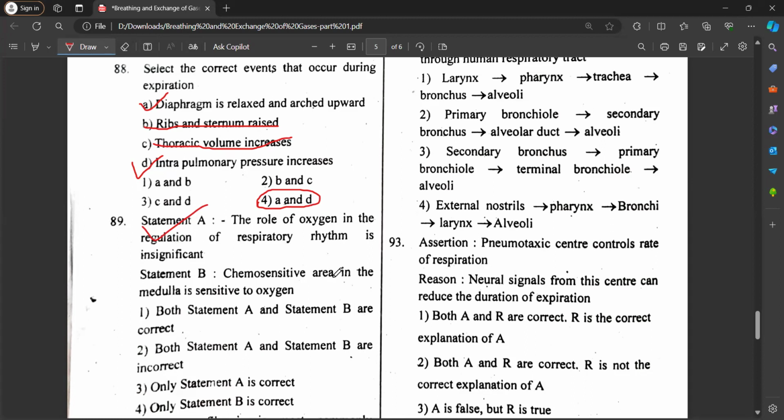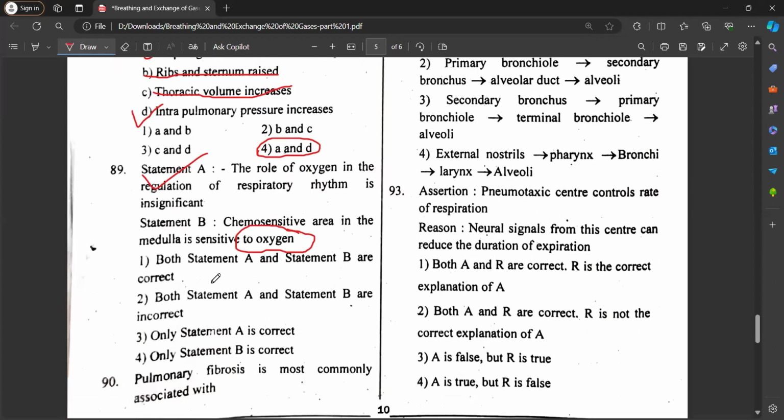The chemosensitive area in the medulla is not sensitive to oxygen; it is sensitive to hydrogen ions and carbon dioxide. Therefore, A is correct. Only statement A is correct.